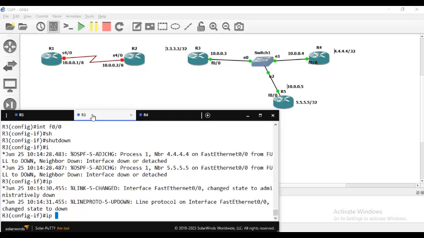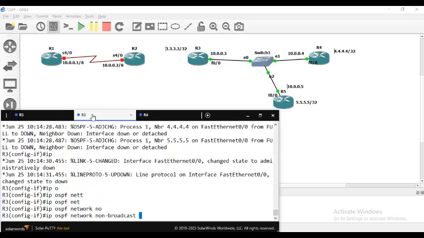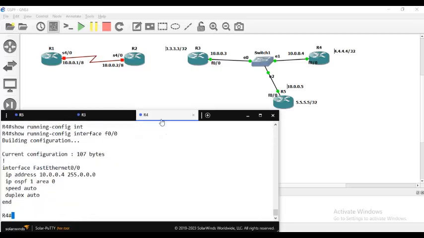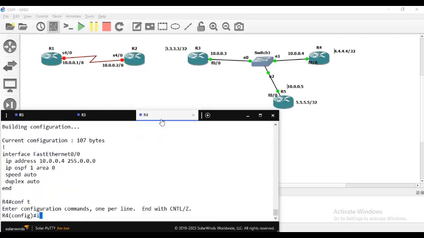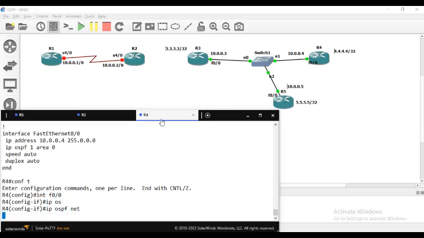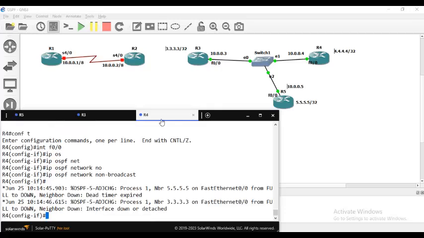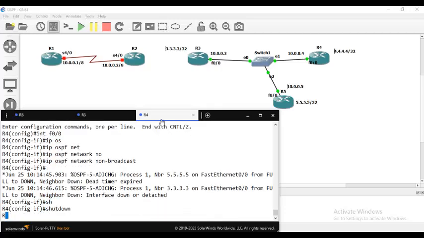Also, I'll do the same on R4. All right. Shut down once and then I'll bring it up. So when I bring it up, the neighbor should not be discovered.